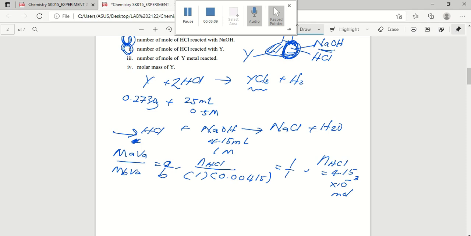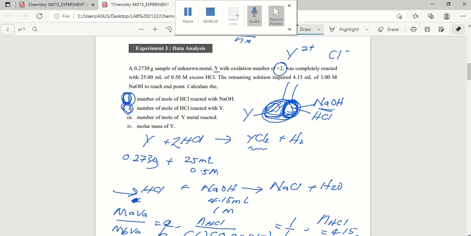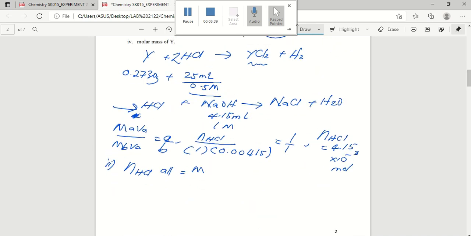We want to find the number of mole of HCl in this region. So we have to know the number of mole of all HCl. Mole HCl, all that present in the conical flask, all of it, we can calculate because we know we have 25 milliliter with concentration 0.5 molar. 0.5, 25 ml turn to liter 0.025.